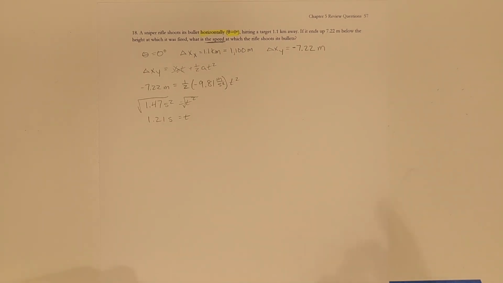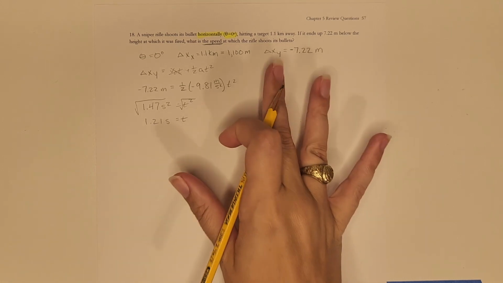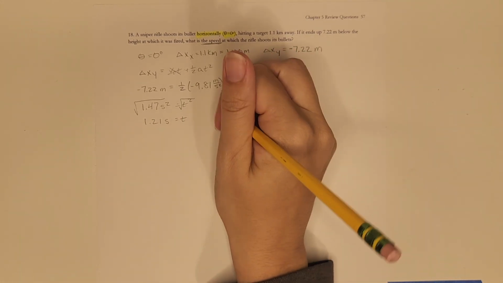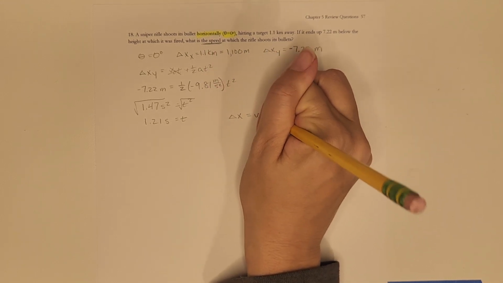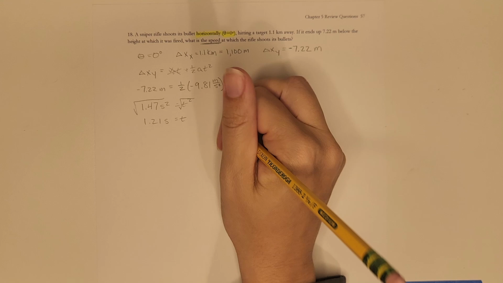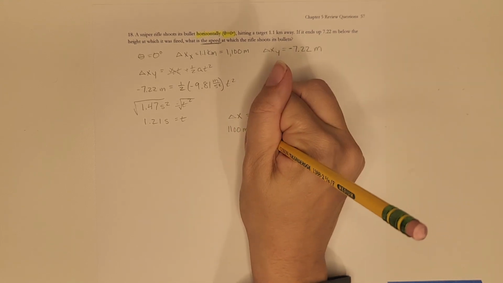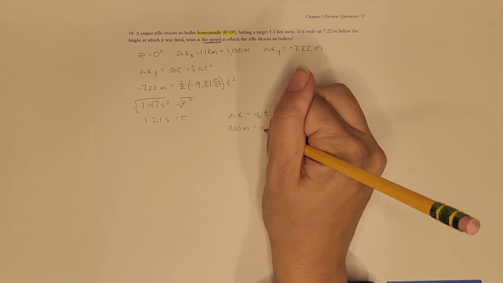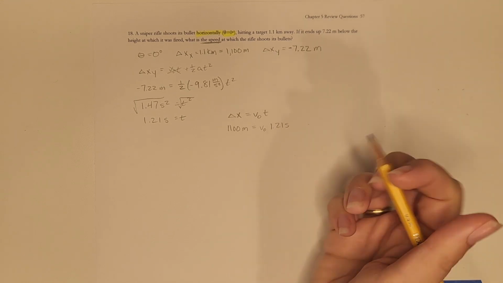Okay. And so now we can plug this into our x component velocity equation. So our delta x equals velocity times time. Our delta x is 1,100 meters equals our velocity, which is our unknown, times our time, 1.21 seconds.